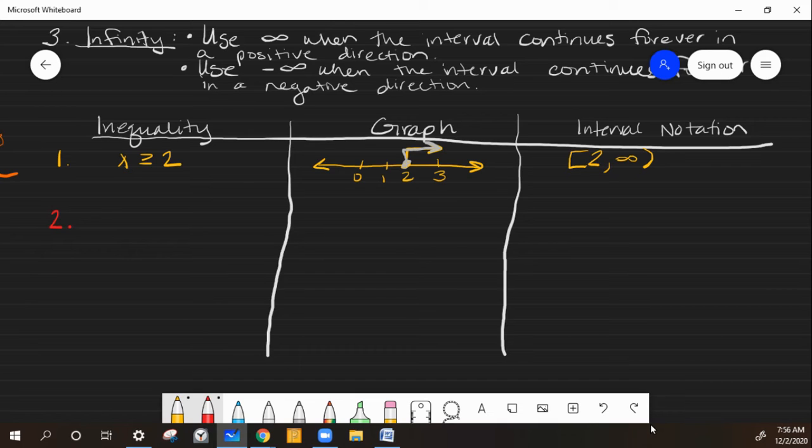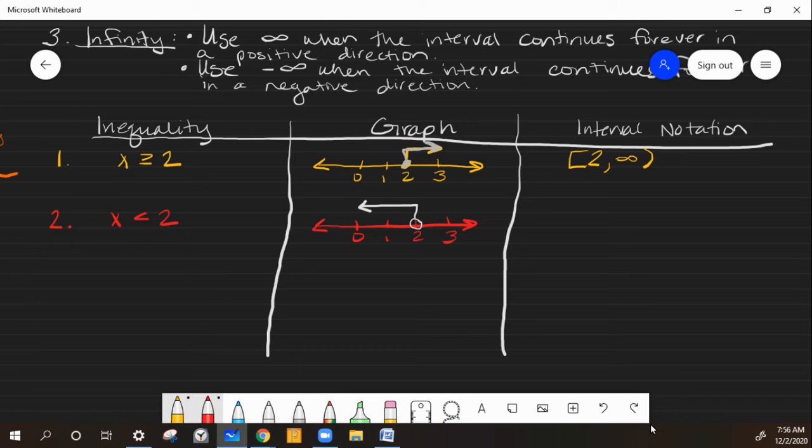Okay, let's look at another one. Let's do x is less than 2. Notice our sign changed direction, and it's not equal to anymore. We are going to do an open circle on 2, and it's everything to the left. Now here's the crazy thing: we read our graphs left to right.